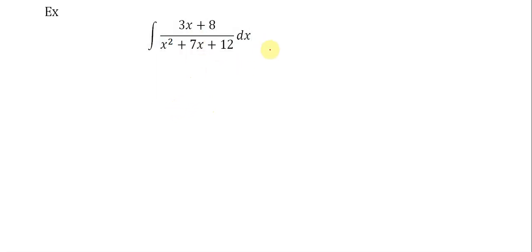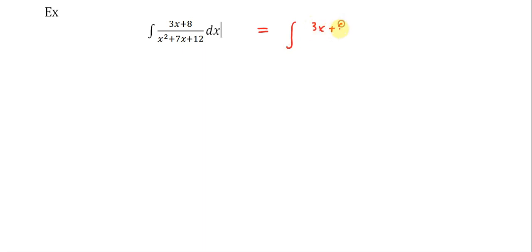So we're going to do the same thing as we did previously. We're going to set this expression equal to, notice that the denominator is neatly factorable, so we end up with 3x plus 8 over (x plus 4)(x plus 3) dx.